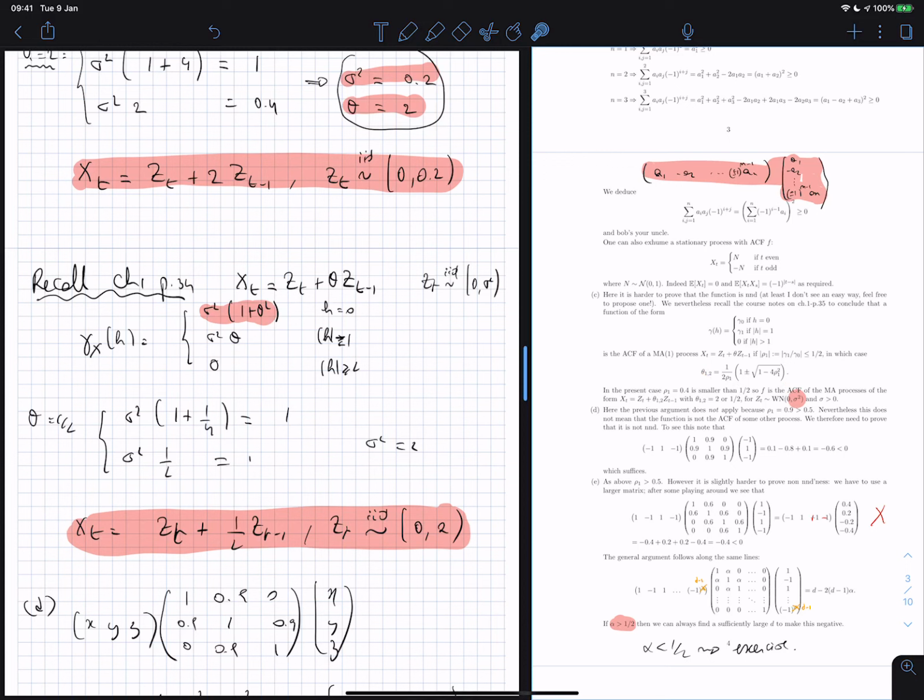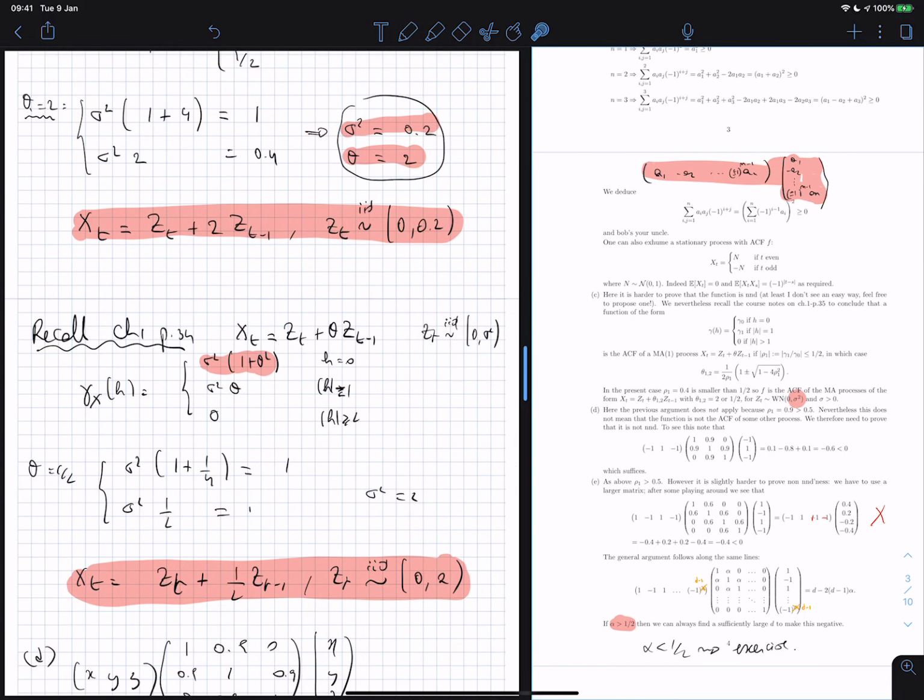Sorry, if rho is 0.4, then I have a solution. I guess that I'm correct. So 1/2 is correct, isn't it? Anyway, we know that the roots are inverse one to the other, so if one of them is 2, then the other one is 1/2, and that's correct.